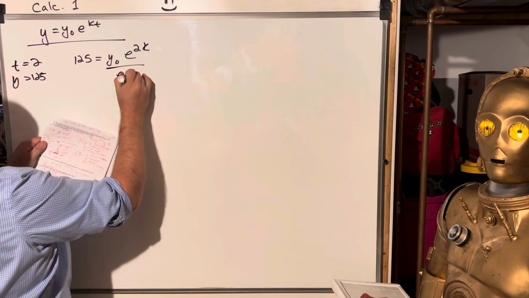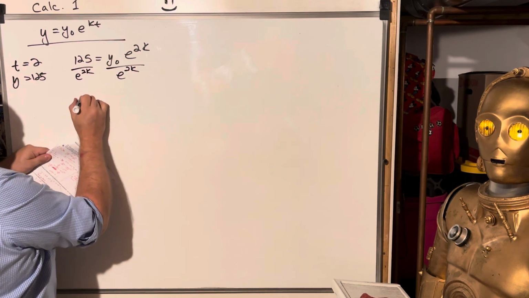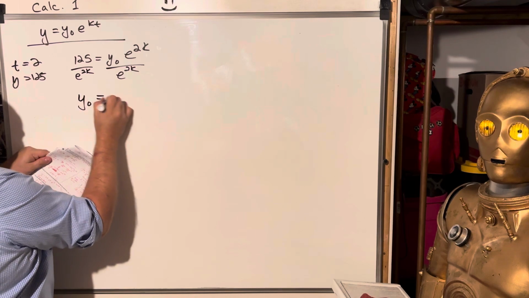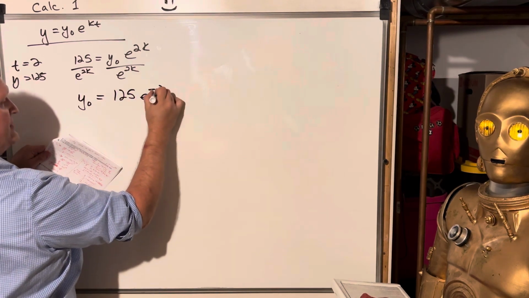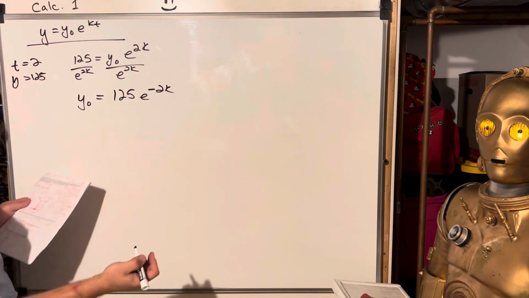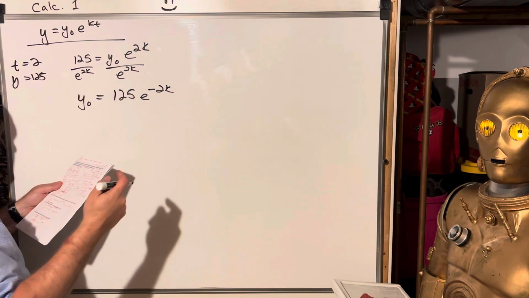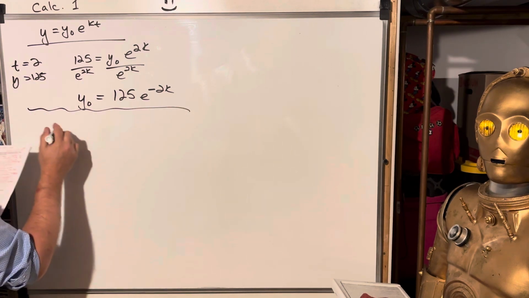So divide by e to the 2k. So here we have y naught is equal to 125 e to the negative 2k, right? When you're dividing by that, you can just move it up and make that negative. So there we have one piece of information.